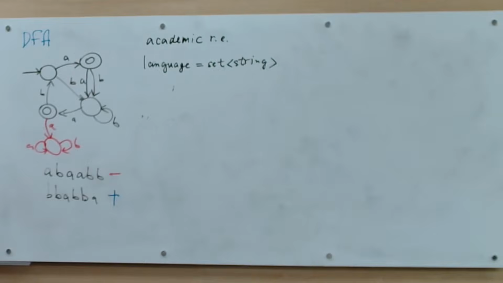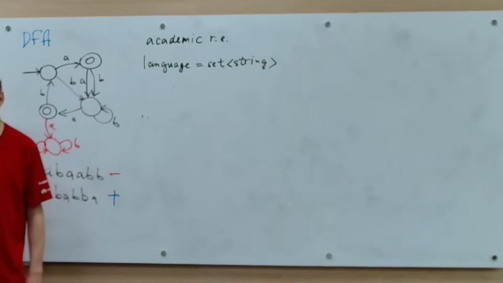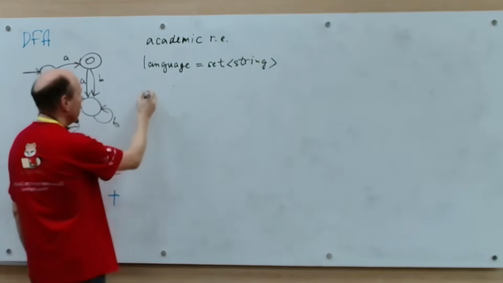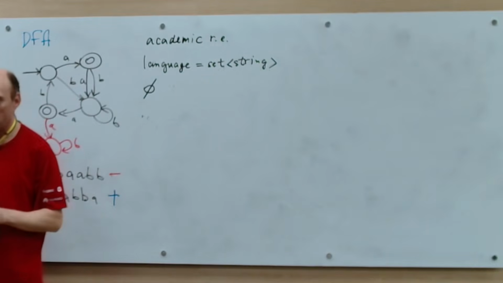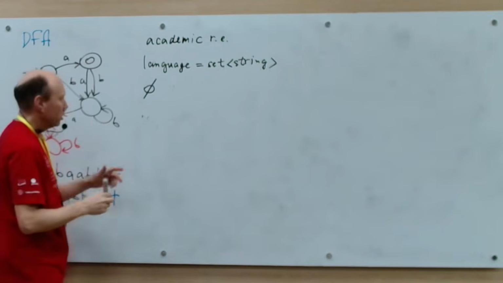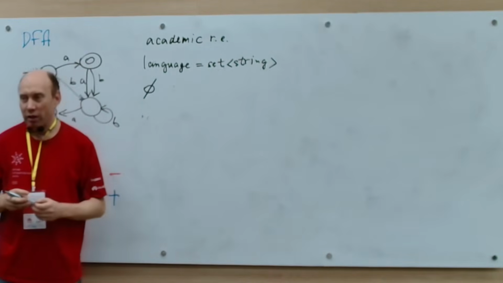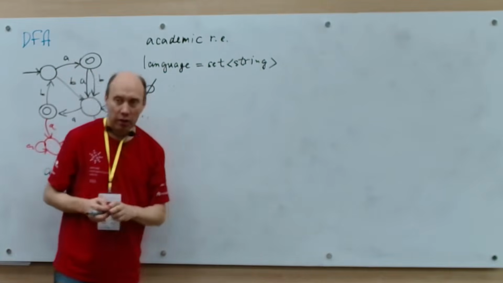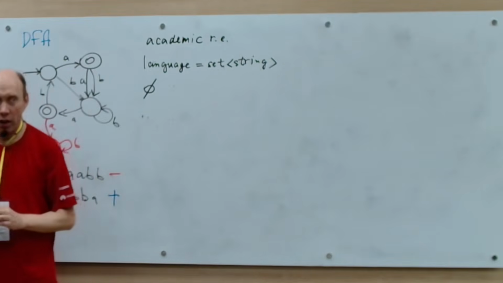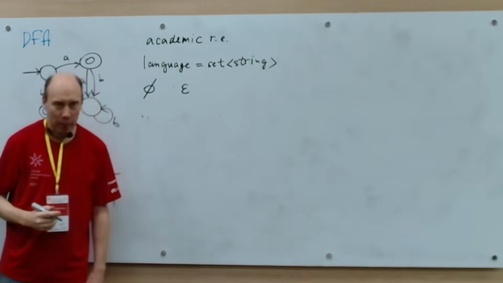So let us form some set of languages. We will start with the very basic languages. First is the empty language. A set can be empty, so there are no words in this language. The second, if you can arrange them by easiness, would be the language that contains exactly one string, and that string is the empty string. We know this as epsilon.